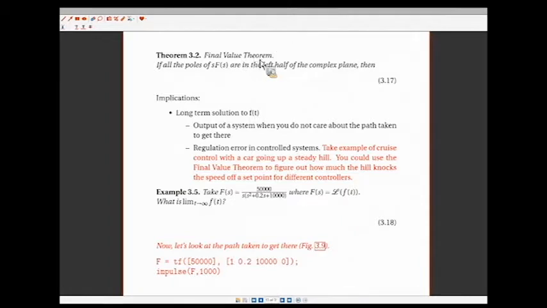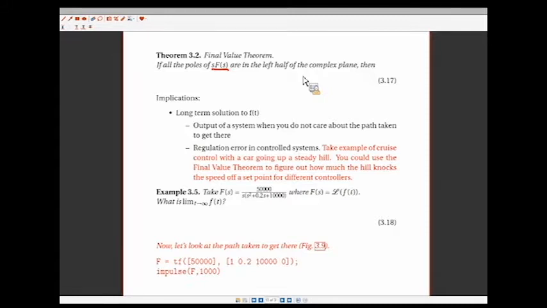The main caveat to this, and this is always every control professor's best trick problem, is that all the poles of s F of s have to be in the left half plane, or left half of the complex plane. If any pole is in the right half plane, this doesn't work.